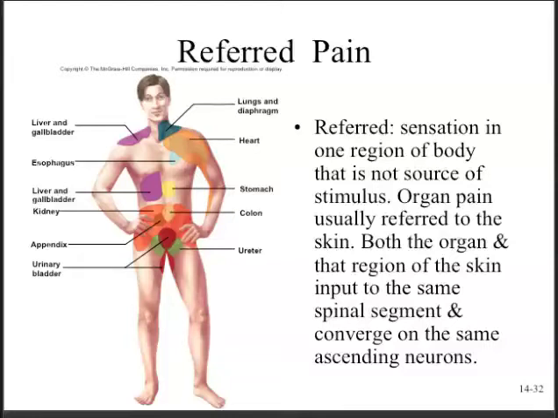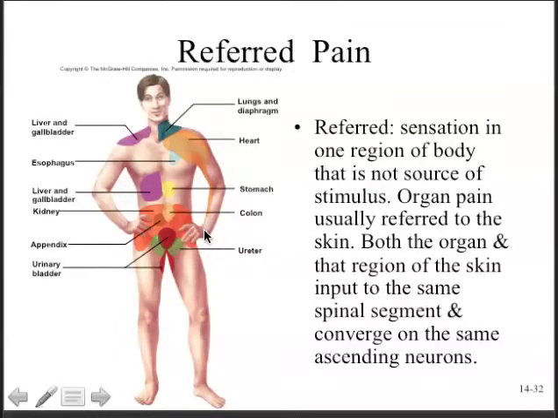So this is a nice little map for you guys to print off and keep in your home, keep near your other family medical records and such, because if you have pain in one of these regions and there's not an obvious injury, this can be diagnostic for a problem with a particular internal organ. For instance, you can see that the pain of a heart attack can be felt in the neck and down the left arm as radiating sharp pain.